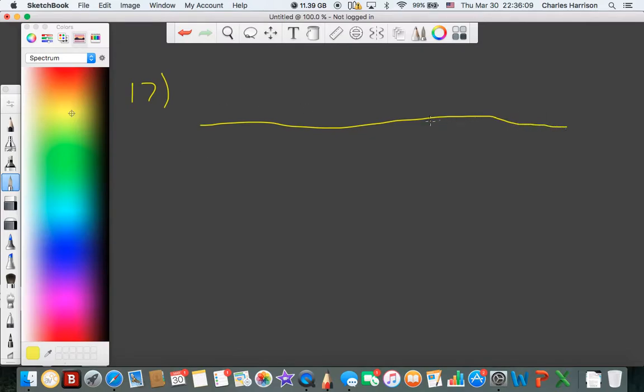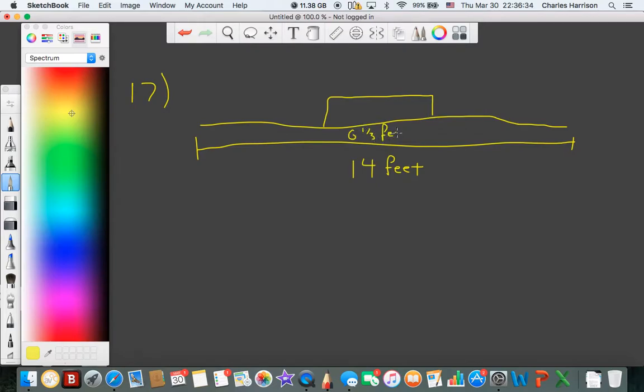Okay, and along that wall we have a couch here. Let's see here, hold on now. We're saying that from here to here is 14 feet, like so. And we say we have a couch somewhere in the middle. And this couch is 6 1/3 feet, right?